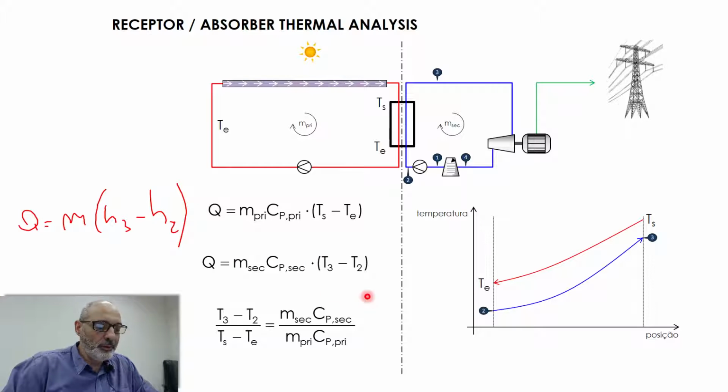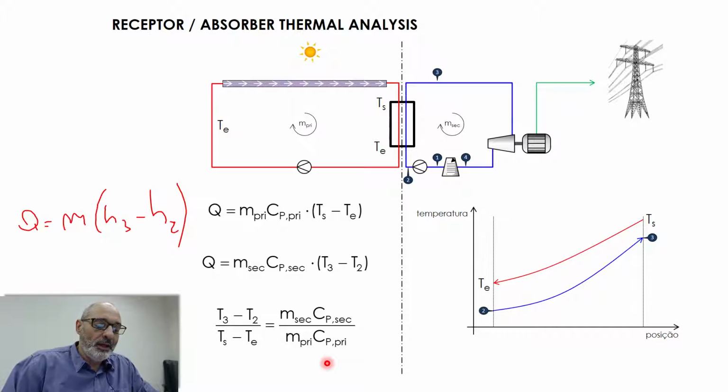Suppose it's okay, and it can be okay because we can work with compressed nitrogen, for instance, in this secondary cycle here. So for compressed nitrogen, I can use this formula, no problem. Since it's the same, and we're neglecting all losses, I can replace this equation down here and obtain this formula here.